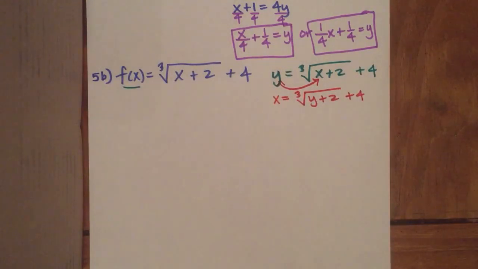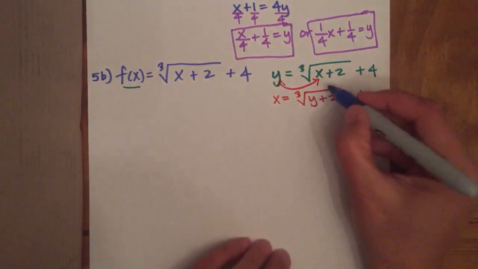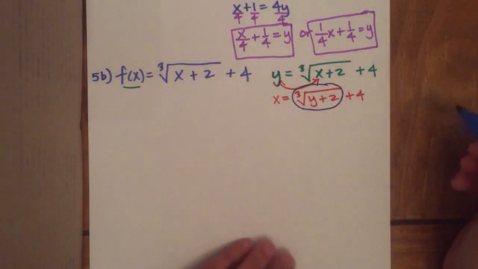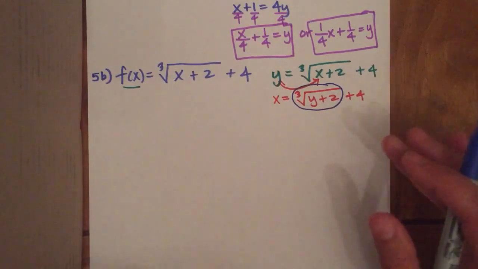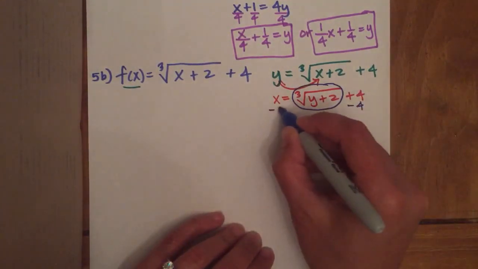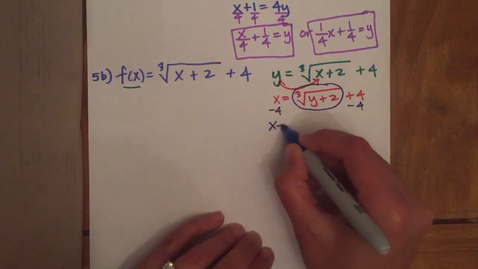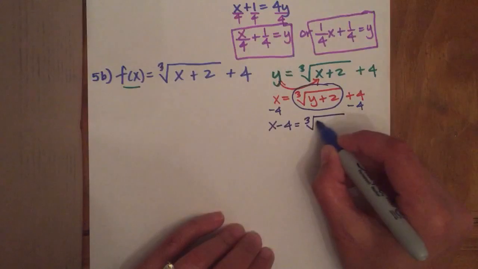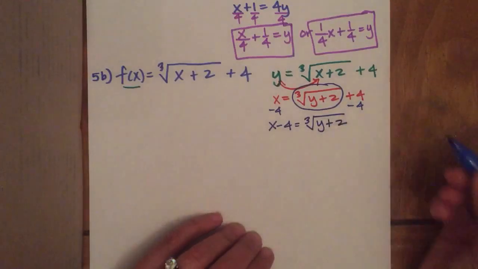Now I want to solve for y. I want to get this piece right here, the entire radical expression, by itself. So I'm going to take this plus 4 and subtract it. That gives me x minus 4 on this side, and cube root of y plus 2 on this side.